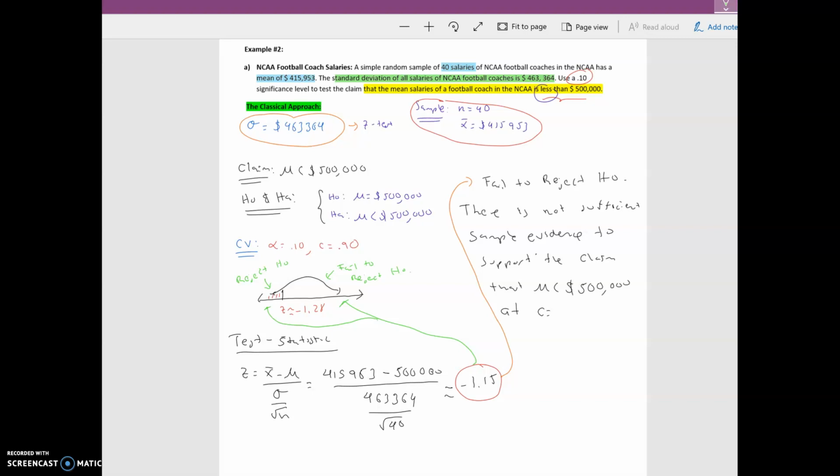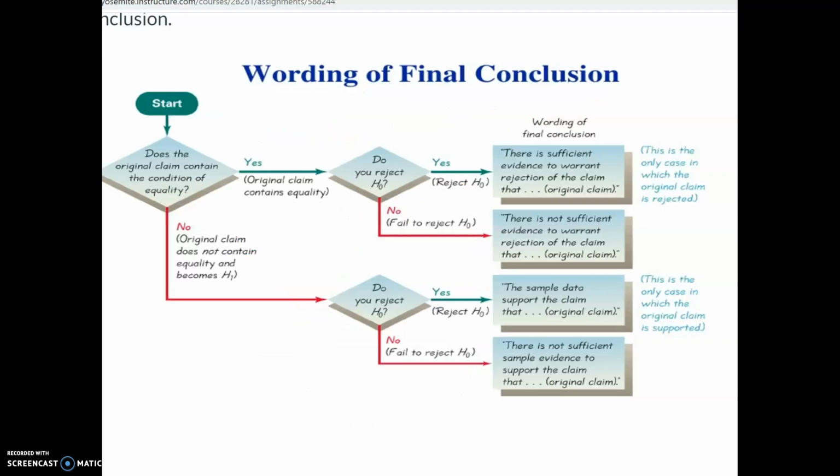So at the level of confidence of 0.90. So that's going to be our main conclusion. Some of the problems in the book are actually going to want you to follow the chart that's here in order to finish the problems. Your solutions are going to end up with a pull-down menu that you have to follow using this chart.